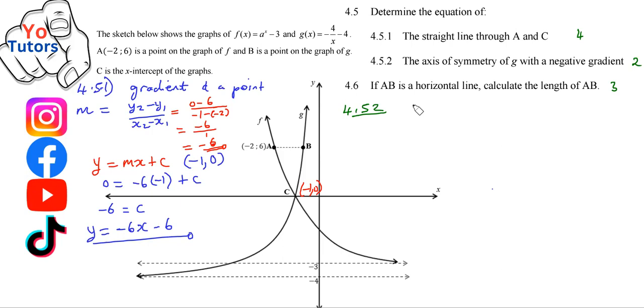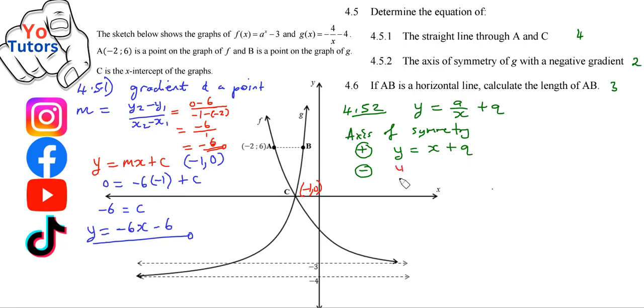For an equation in the form y equals a over x plus q, to find the axis of symmetry, the one with the positive gradient is just y equals x plus q. What about the negative gradient, which we are actually looking for? It is going to be y equals -x plus q.